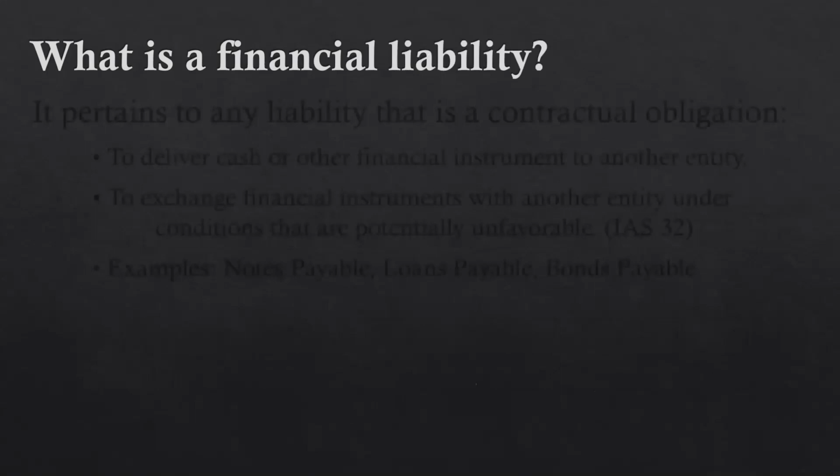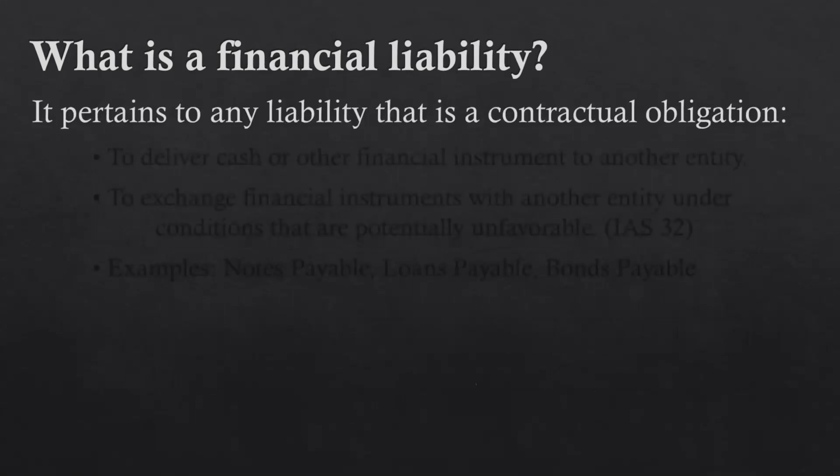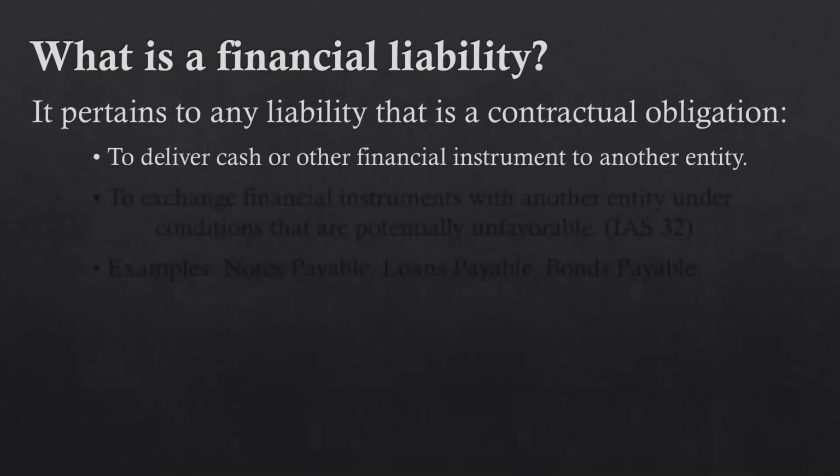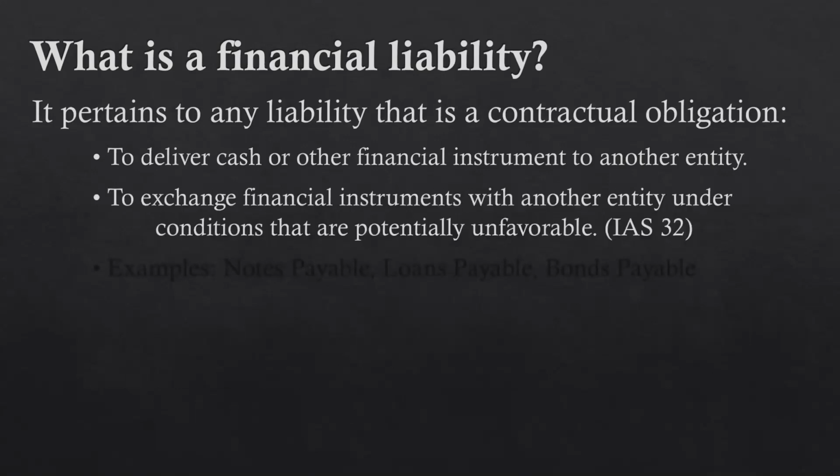And that leads us to a financial liability, which pertains to any liability that is a contractual obligation, first, to deliver cash or other financial instrument to another entity, or to exchange financial instruments with another entity under conditions that are potentially unfavorable. Meaning, once it's termed potentially unfavorable, it is something that will decrease what the business possesses in exchange for what the business also obtained.